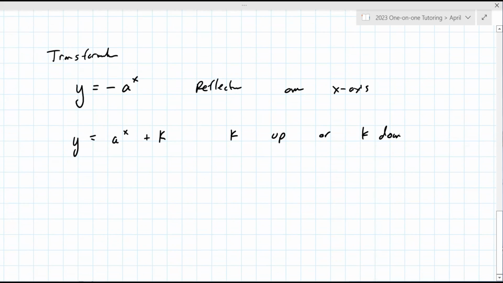That was the first one we did in the Desmos screen. Then we did y equals a to the x minus k, and it has to be that way. I have to put a minus there. And it's either k right or k left. So this kind of summarizes everything we've done today.